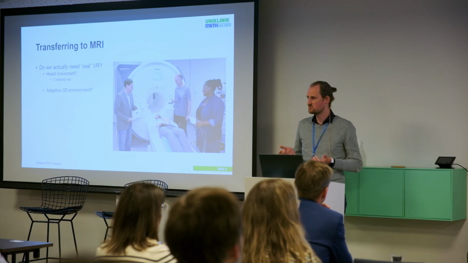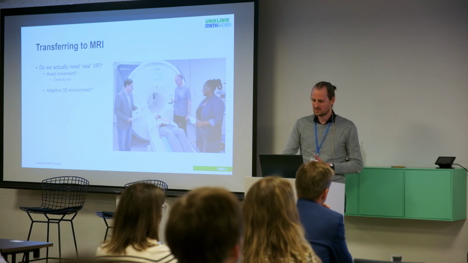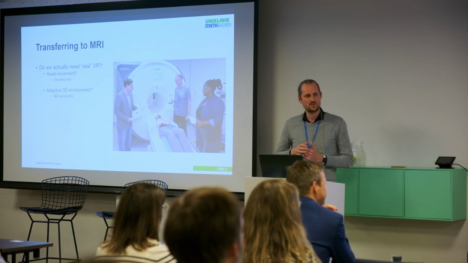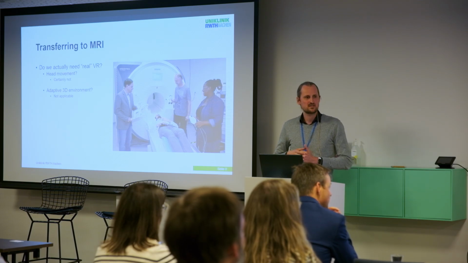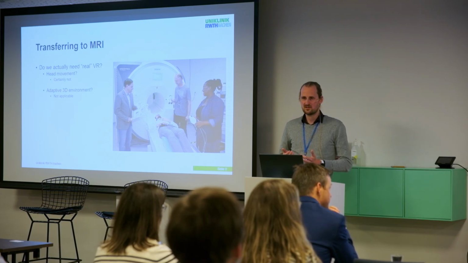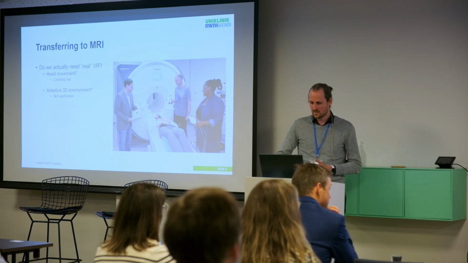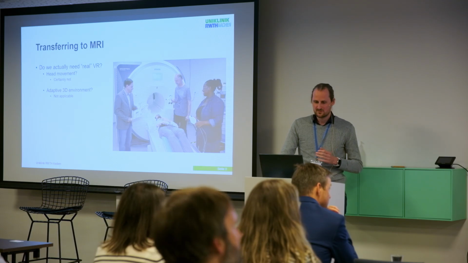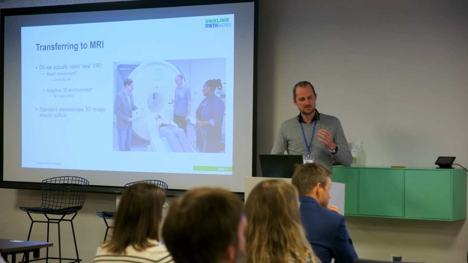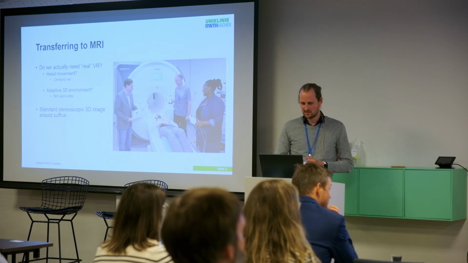We don't want the participants to move around. We want them to sit there in front of this table and respond to our coffee cup. So also this was not really applicable. And then I came to the conclusion, we don't want VR, we want three-dimensional stimuli mostly, which feels a bit like VR, but is slightly different. So we went for the simple approach, because standard 3D images would suffice.